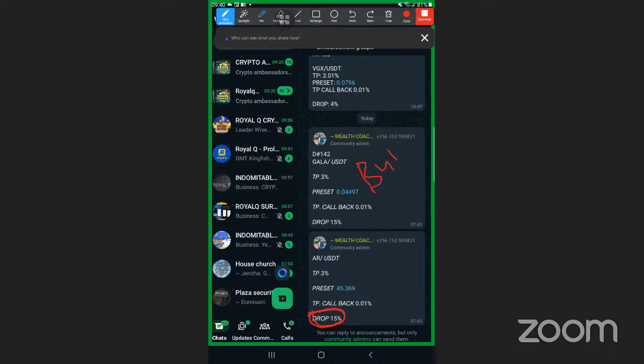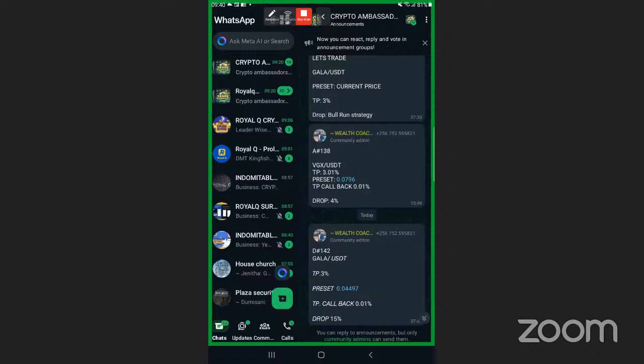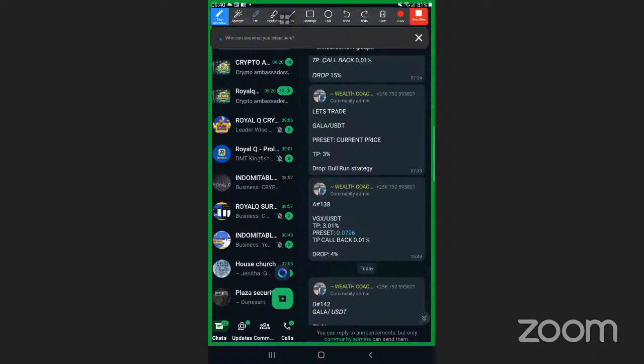Let me scroll and see if I can find one that says bull run strategy. Aha, here it is. Can you see this one? It is written on the drop. It is written bull run strategy. But this one, it has been indicated that the drop is 4%.